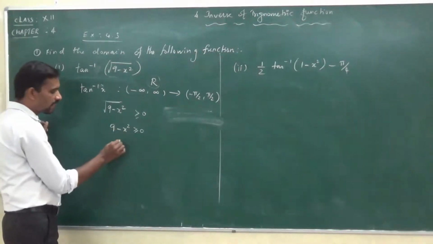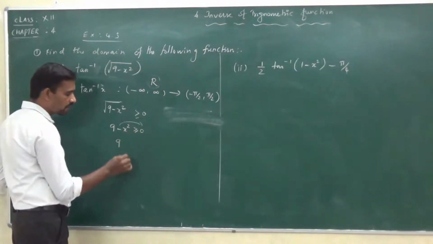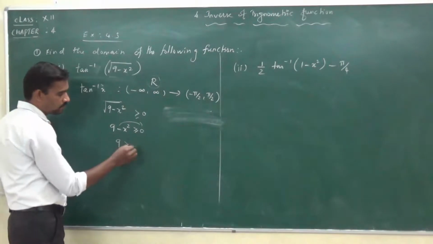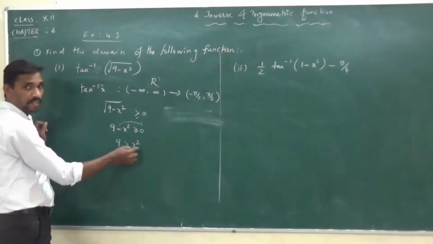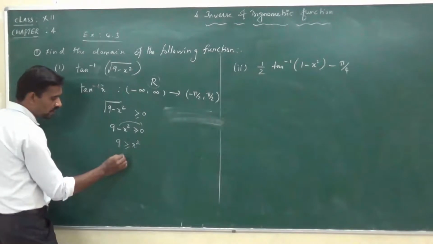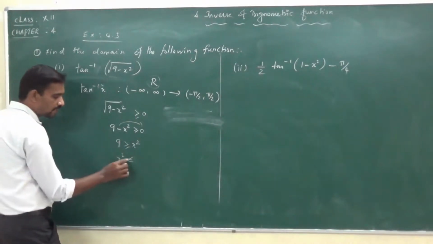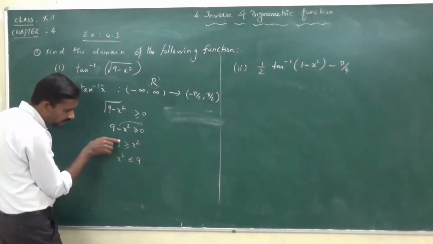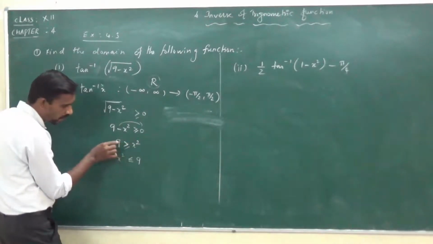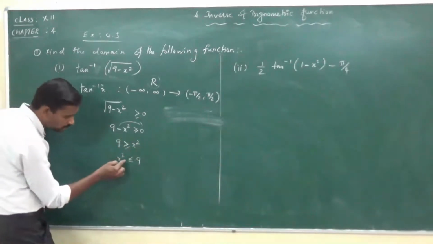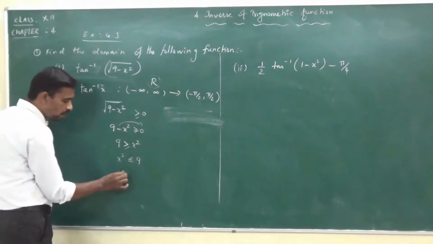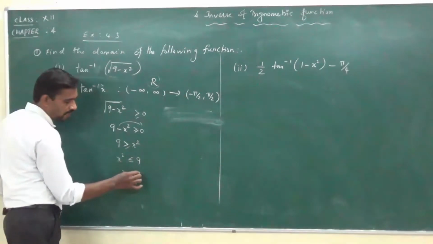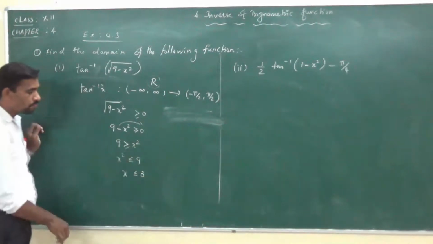Taking x square to the other side, 9 is greater than or equal to x square. Now just to rewrite it, x square is less than or equal to 9. See, 9 is big and x square is small. Now what about x? Taking the root, mod x is less than or equal to 3.